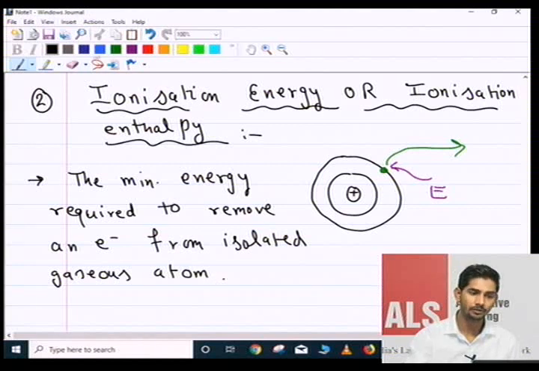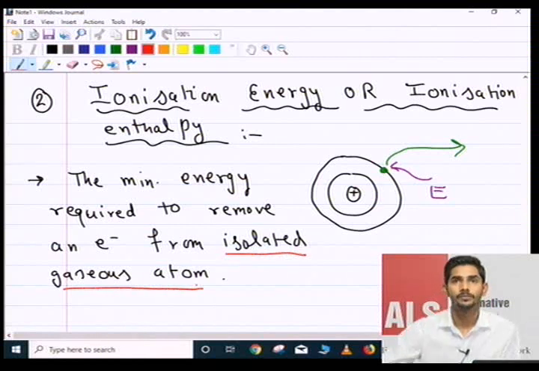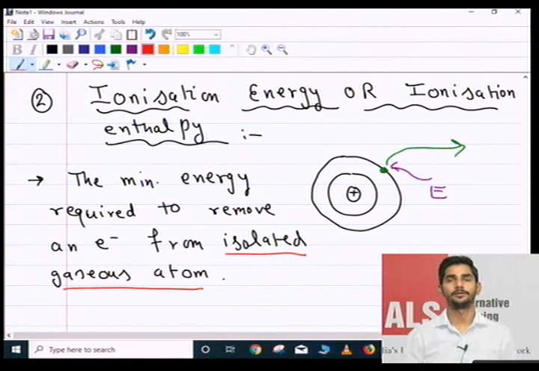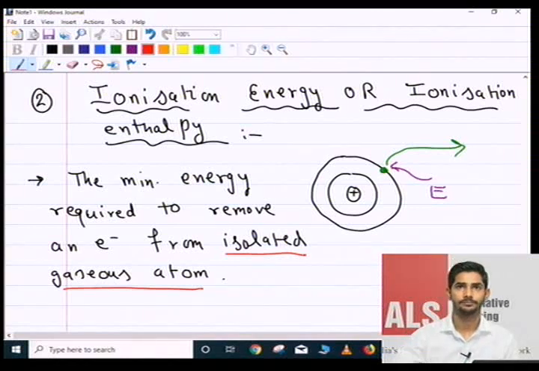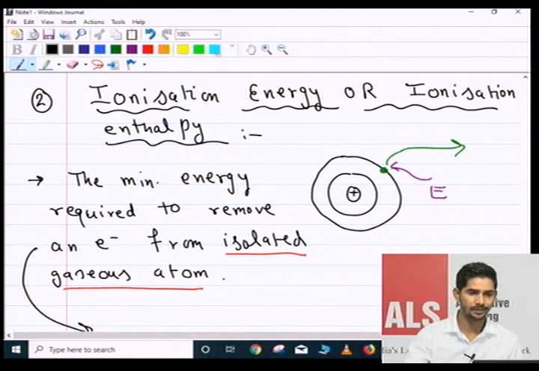Guys, remember, if you won't write this word isolated gaseous, you won't get the whole marks. One more important thing, guys: please add this as well.